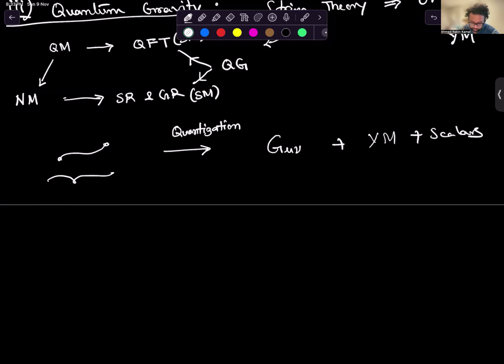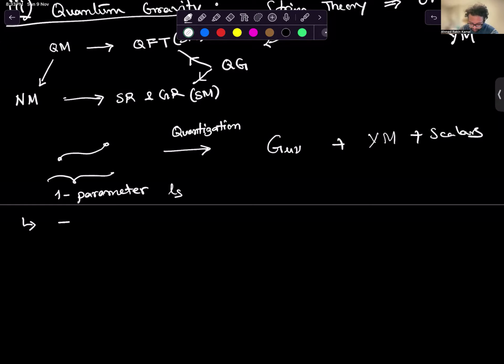And more interestingly, it just has one parameter, that is the string length. Let's call it LS. So for context, the standard model has, of course, more than 20 parameters. String theory just has one parameter.